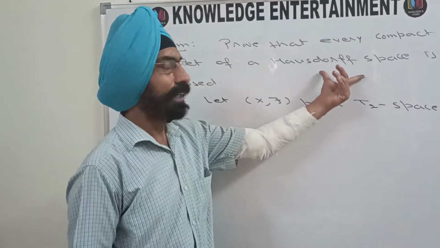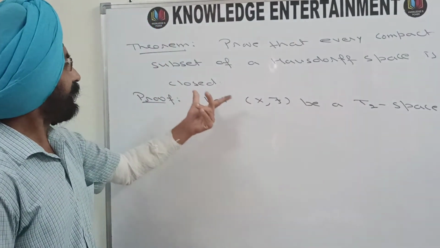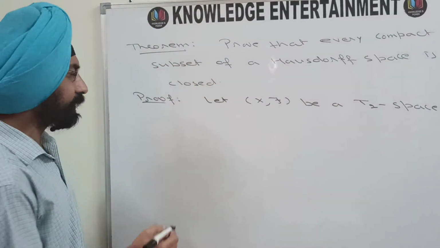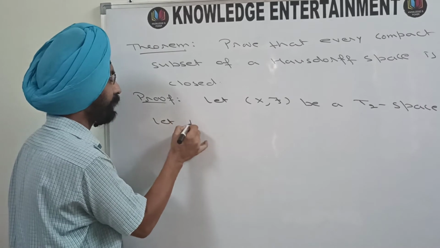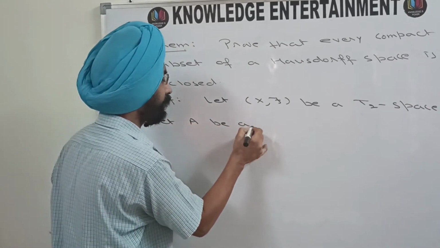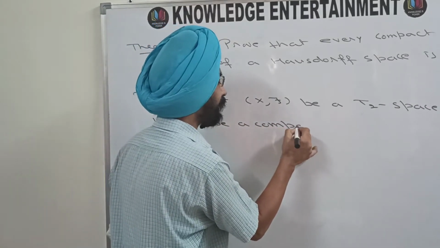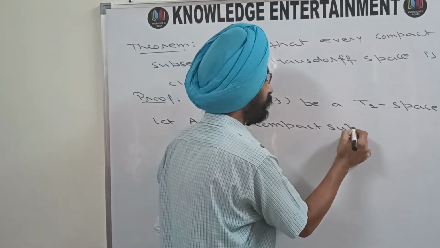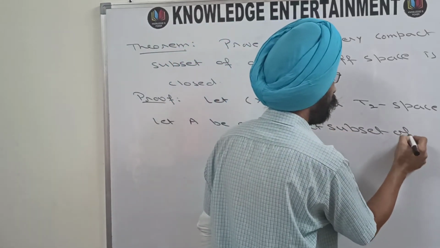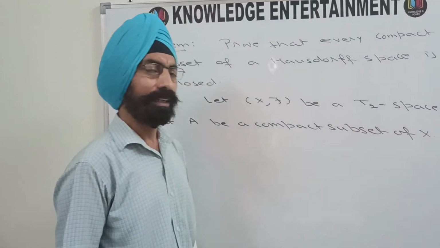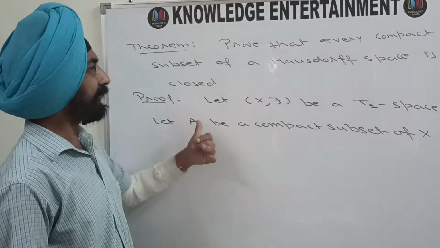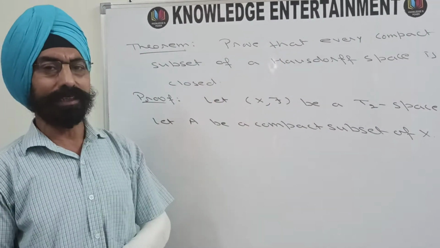I have taken a Hausdorff space and I'll take a compact subset of it. So let A be a compact subset of X, and now I will show that this A is a closed set.